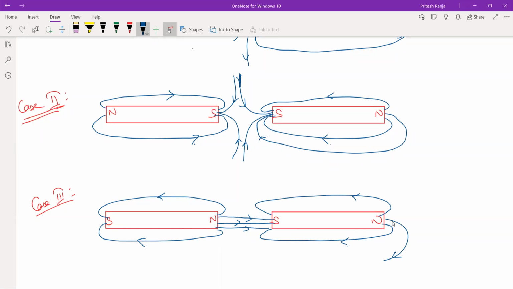Right? There are this many magnetic field lines. So all should draw these magnetic field lines.